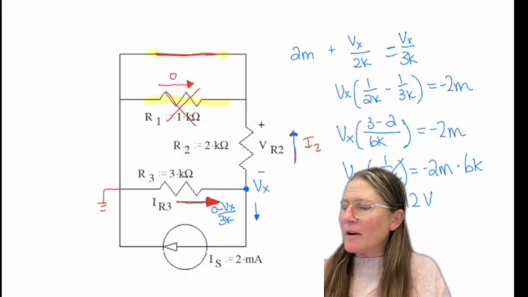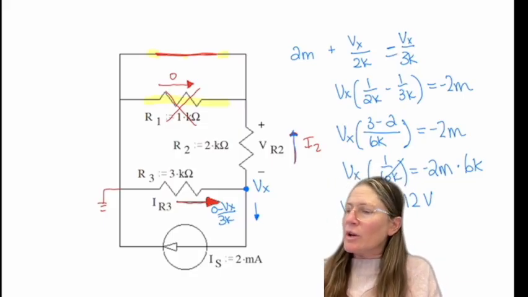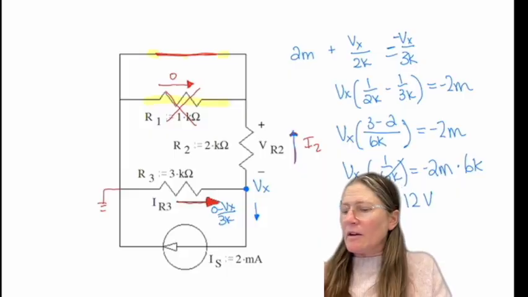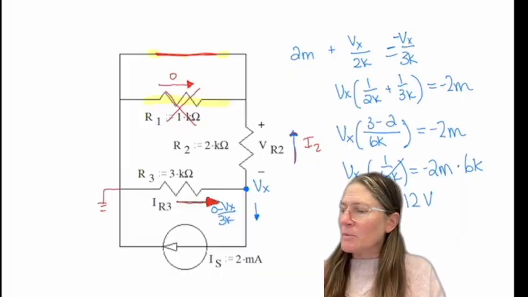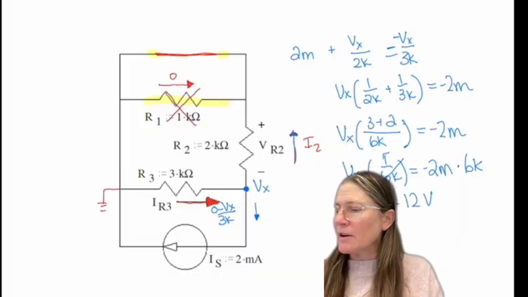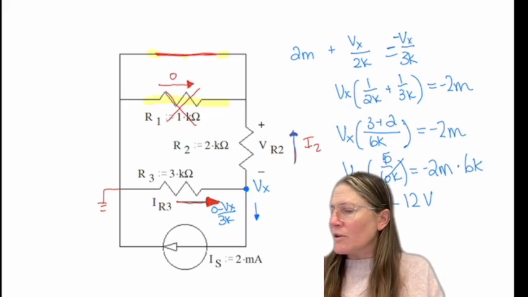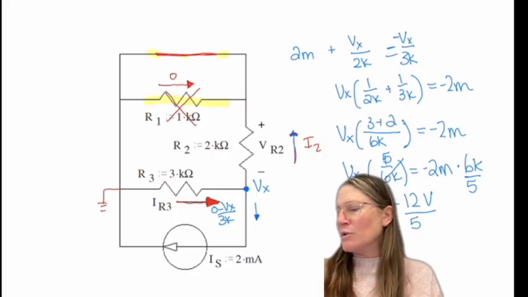So equals a negative Vx over 3K, and then this becomes plus, and then this is a 5. So negative 12 over 5.